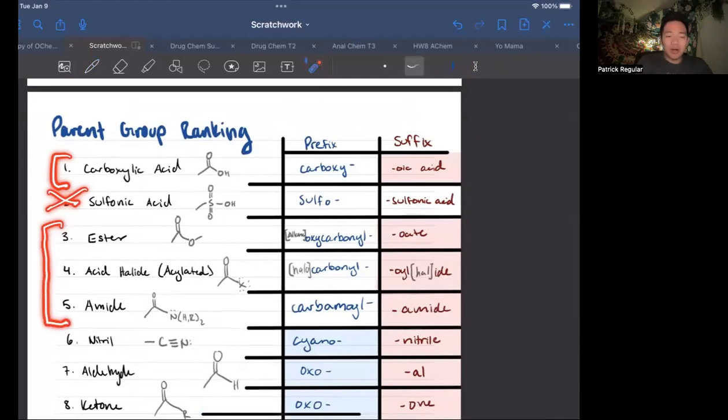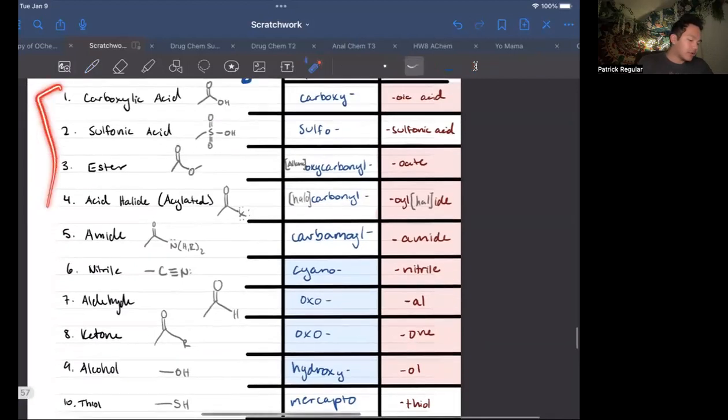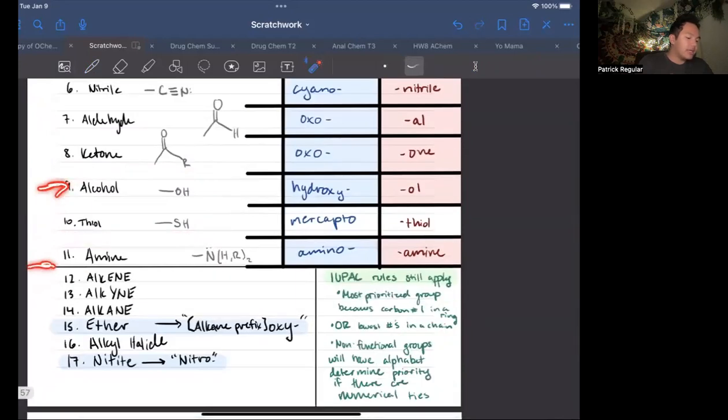So carboxylic acids and their derivatives are going to be the highest priority. Same thing with the nitriles. And then right after our carboxylic acid group right here, we have our aldehydes, ketones, and then the rest of the stuff we're working with, like alcohols. We've seen amine, and all of the other stuff that we've already seen from last semester, right?